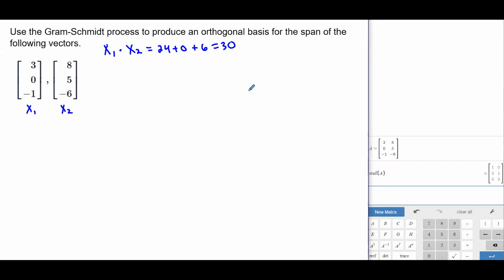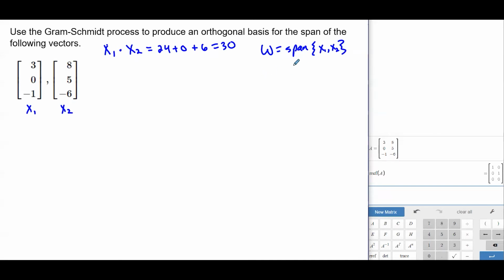What I want to do is find two orthogonal vectors that are in the same subspace. So we'll say W is the span of x1 and x2. I want two vectors in W that are orthogonal to each other, and then I'll replace x1 and x2.